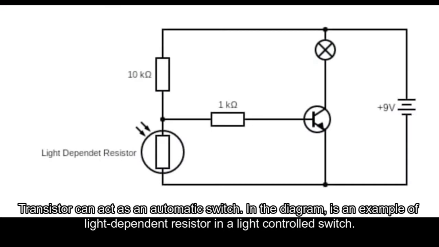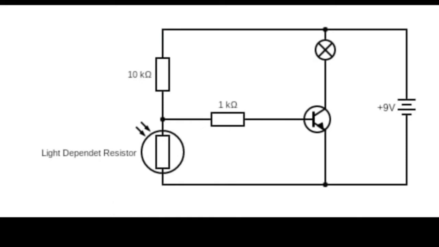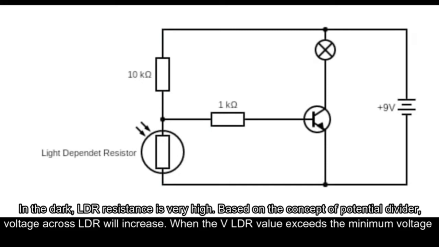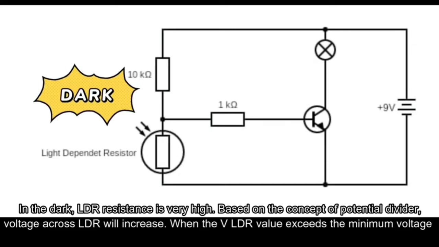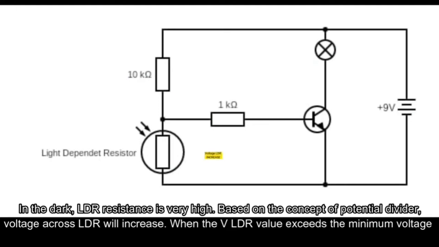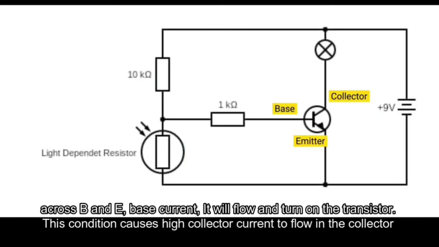This one is an example of a light-dependent resistor in a light control switch. For this type of LDR circuit, in the dark, the LDR resistance is very high. Based on the concept of potential divider, the voltage across the LDR will increase. When the LDR voltage exceeds the minimum voltage across B and E, the base current will flow and turn on the transistor.